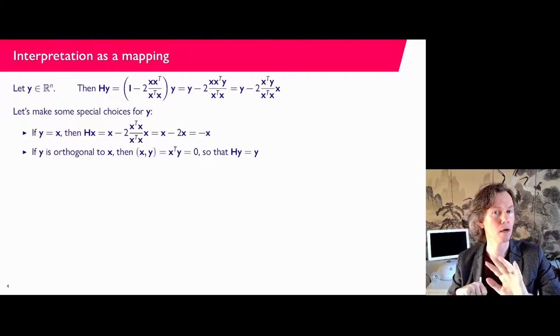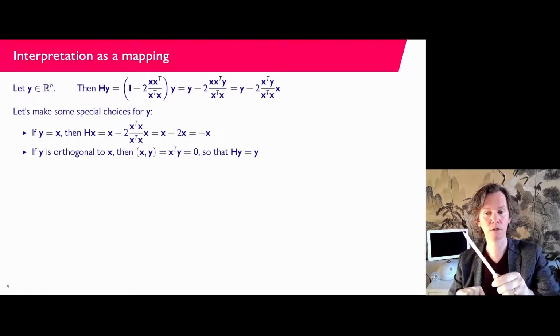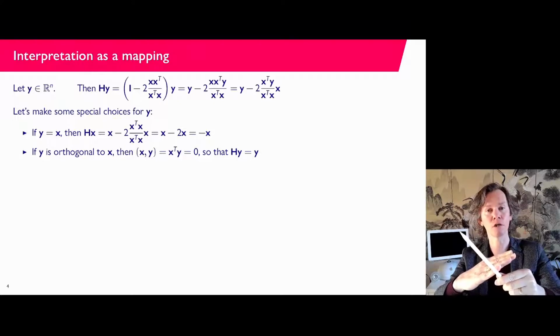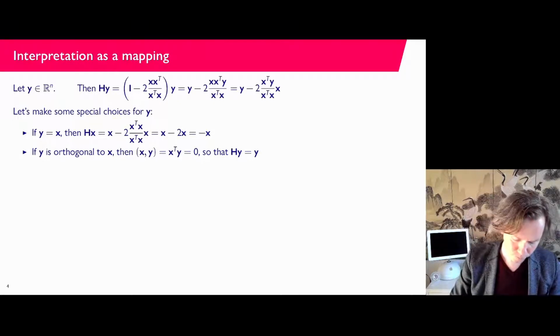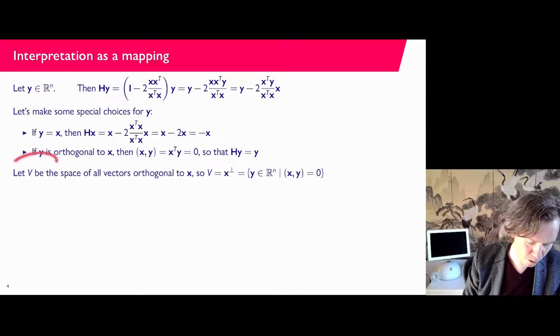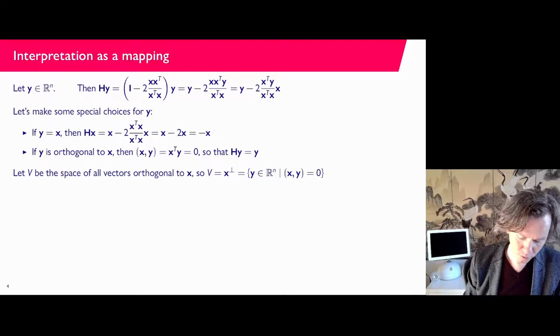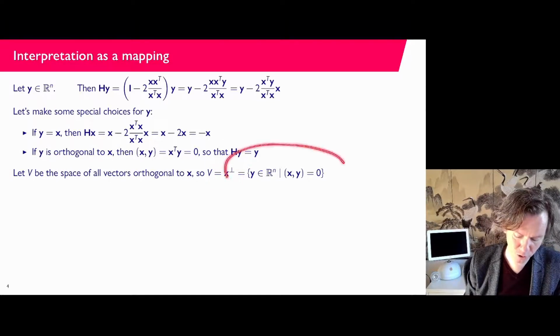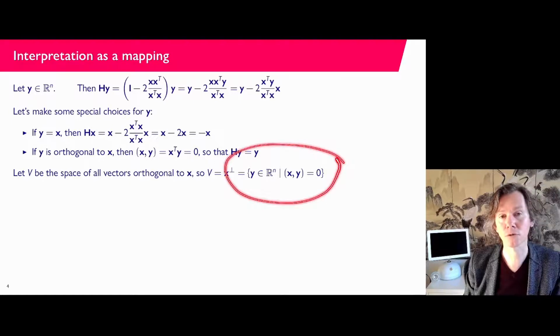Now I can make a lot of choices for vectors that are orthogonal to x, because we have this one vector x, and then there is a whole plane of vectors. So if I draw a plane that makes a 90-degree angle to this vector, then all the vectors in that plane have this property. So if I look at this space or plane V, that's the x orthogonal complement. You may have seen the definition before, but this is basically what it is: all the vectors that are orthogonal to x.